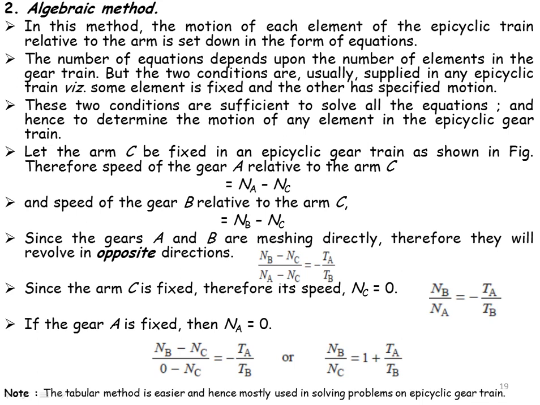Since the arm C is fixed here, its speed Nc is 0, and Nb by Na will be minus Ta by Tb. If the gear A is fixed, then Na is also 0, and you will get Nb by Nc equal to 1 plus Ta by Tb.